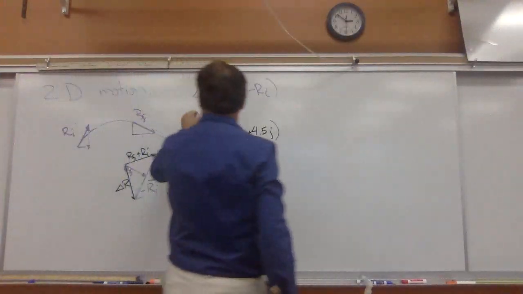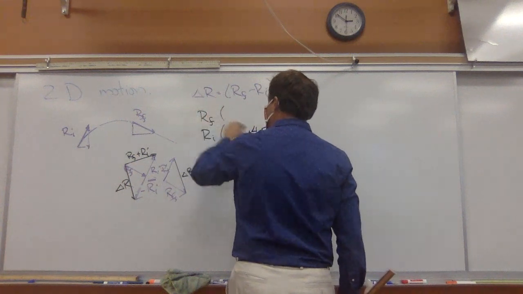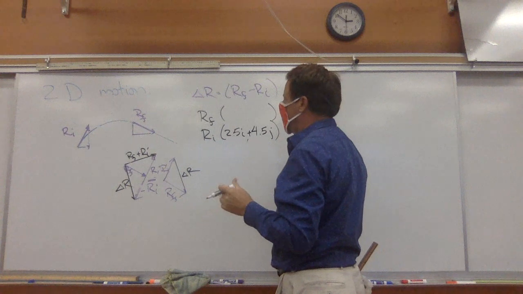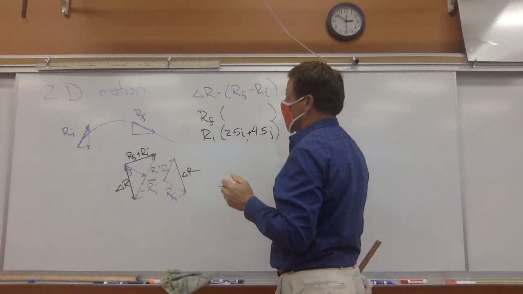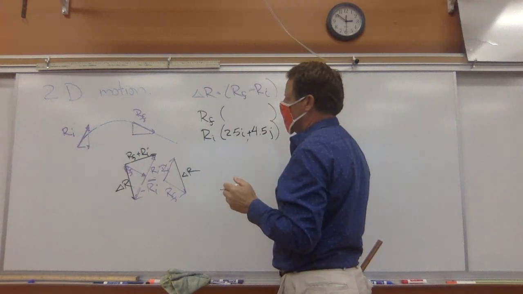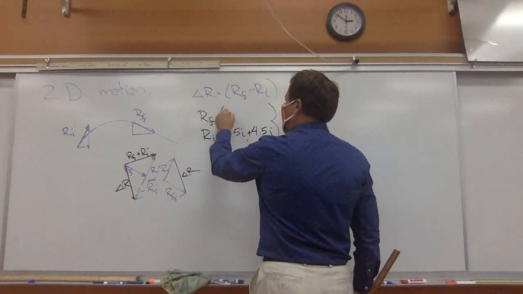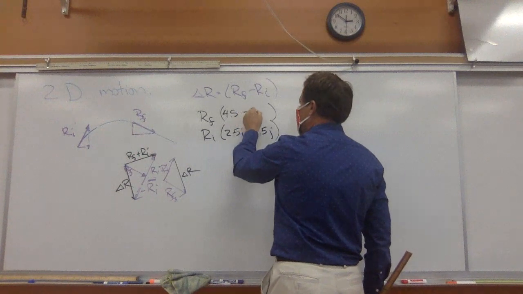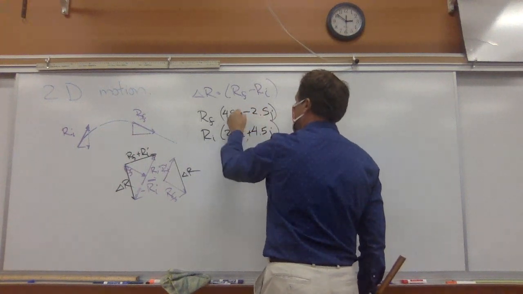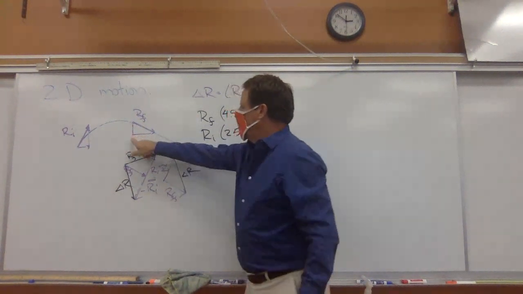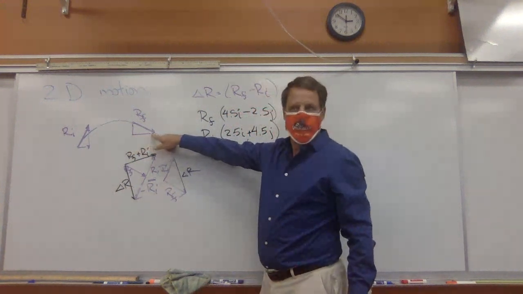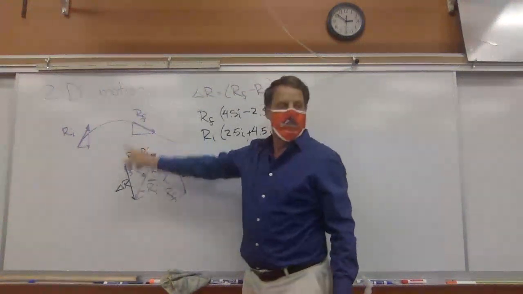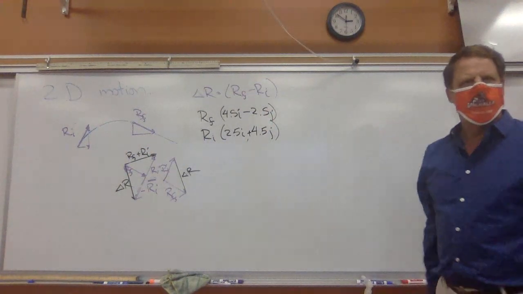So my R final is going to be 4.5i and then negative 2.5j. I went positive 4.5 and negative 2.5j. Are you guys with me?